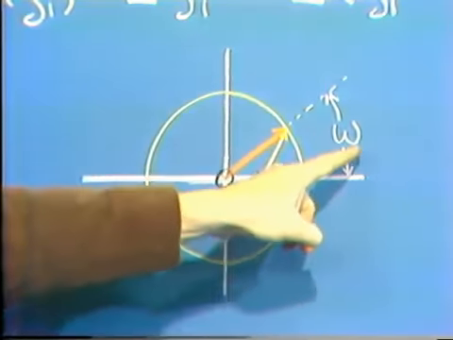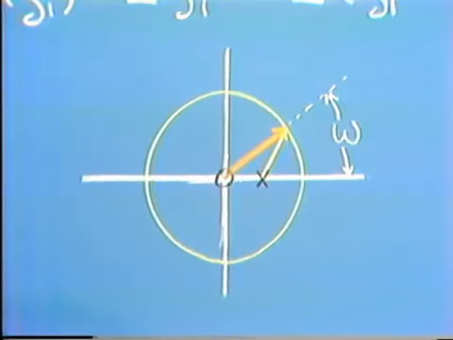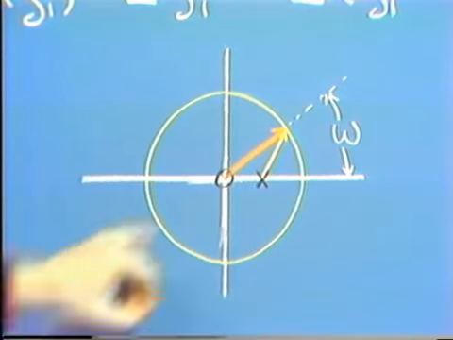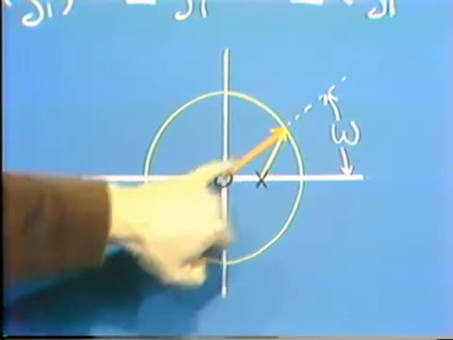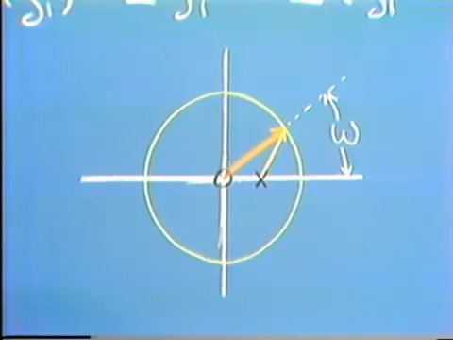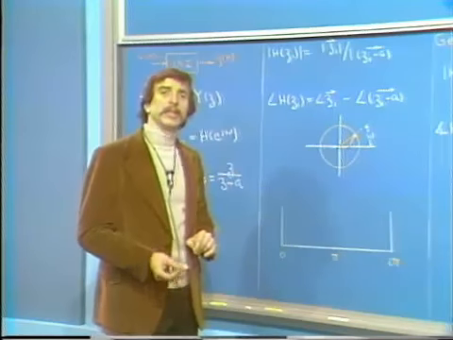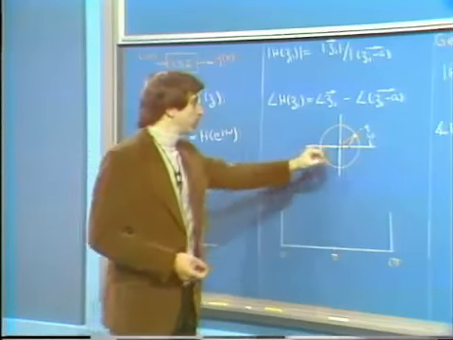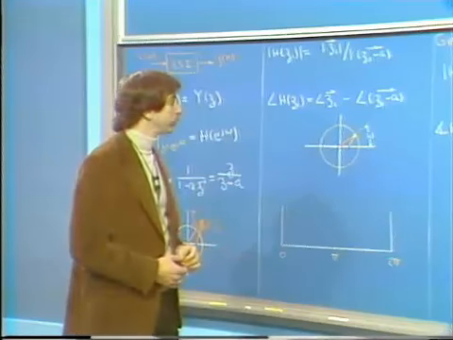Well, that angle is just simply equal to the frequency value omega, so that in fact poles or zeros at the origin, as of course we could see from a strictly algebraic argument, but from a geometric argument it should be clear, introduce in the frequency response a linear phase term, and they have no effect on the magnitude, since the length of a vector from the origin to the unit circle is obviously 1.